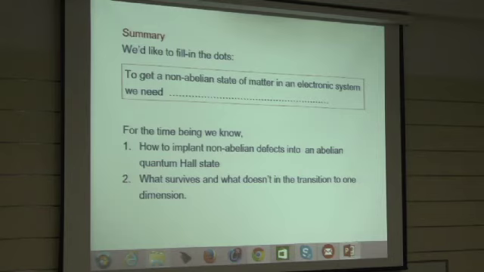So we'd like to know what does it take for an electronic system to form a fractionalized state or a non-abelian state? We don't even know to say what it takes to form a fractional quantum Hall effect. We just know it's observed in the lab. So this is what I'd like to be able to fill.